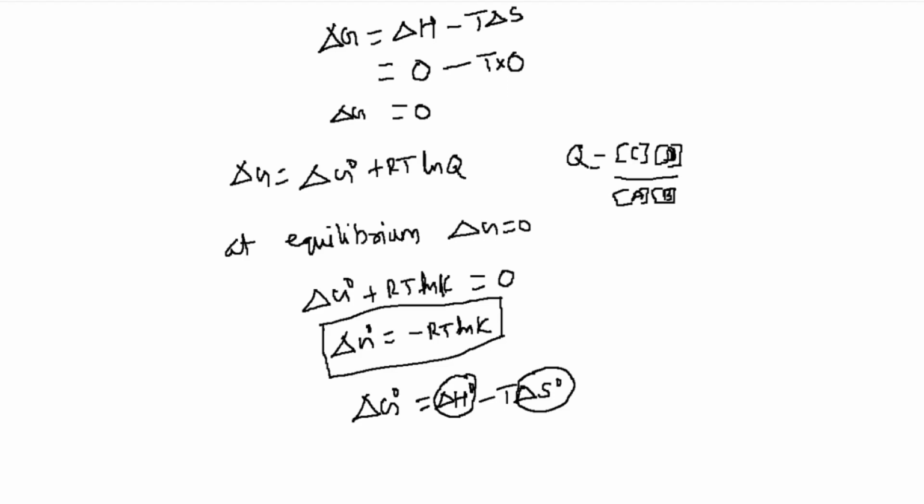So from here we can say that the delta G naught value changes with temperature, but delta H naught and delta S naught values won't change with temperature, because in the definition of delta H naught and delta S naught, the temperature is fixed. It is 298 Kelvin or 25 degrees Celsius. But delta G naught, its value will change with temperature.